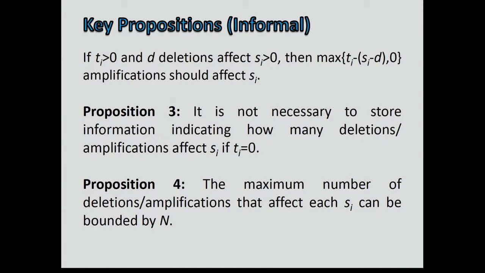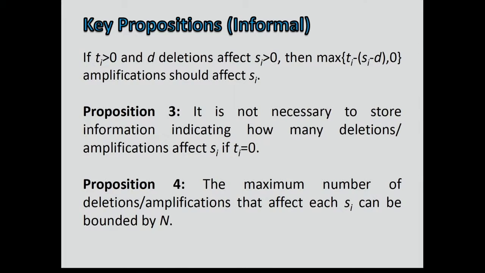We can know how many deletions affect Si, but we cannot compute exactly how many amplifications should affect it. But in this case, we have a proposition that states that we do not have to store information about how many deletions and amplifications affect Si if Ti is 0. Here I do not give the precise statement of this proposition, just this implication.